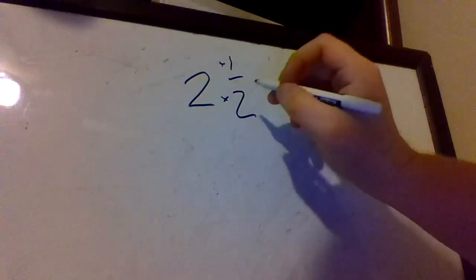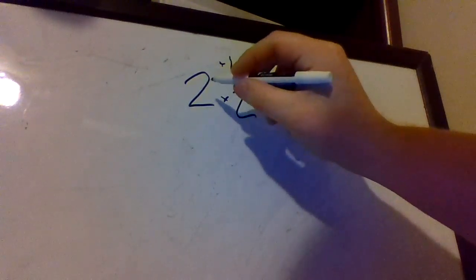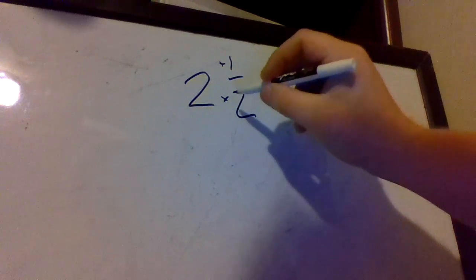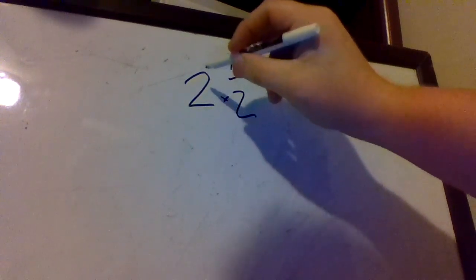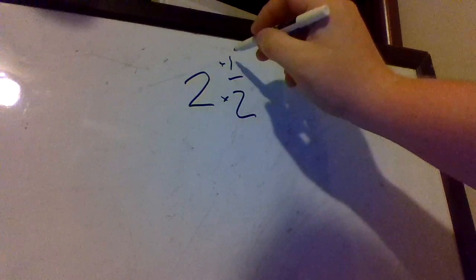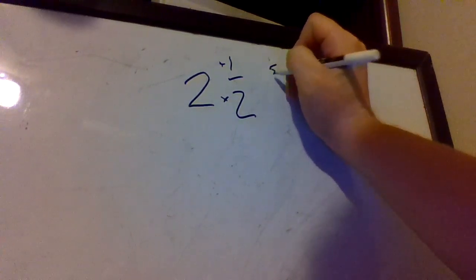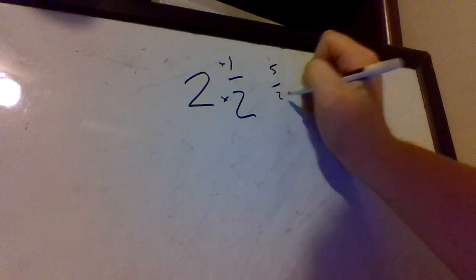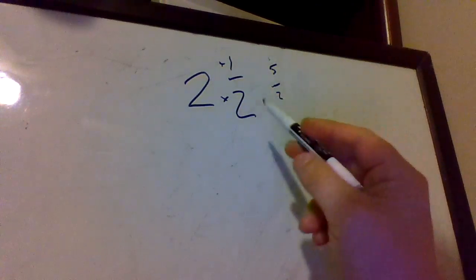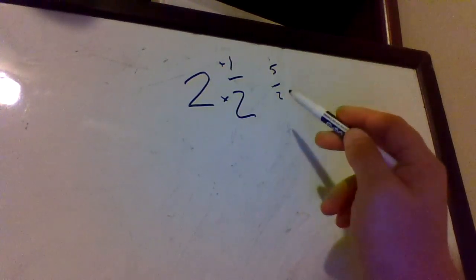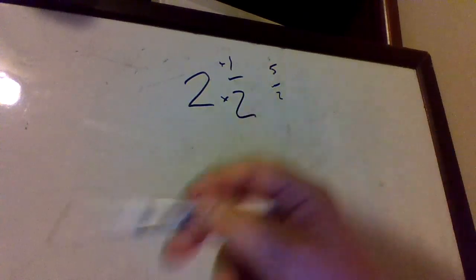So we multiply the bottom and the big number. 2 times 2 is 4. And 4 plus the 1 on top is 5. So 2 and 1/2 equals 5 over 2, or 5 halves.